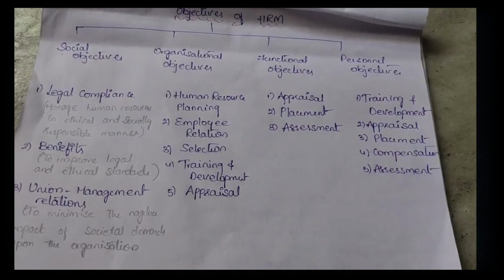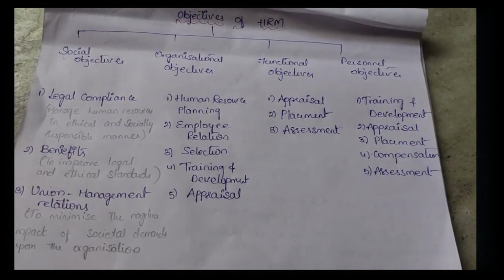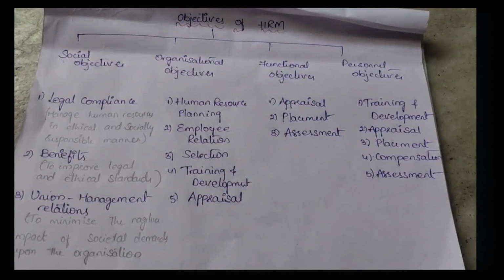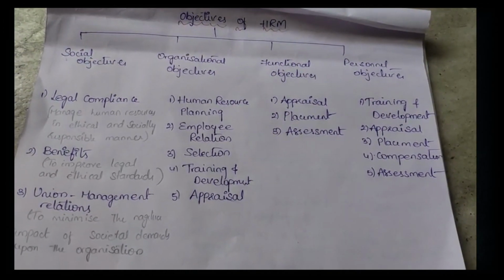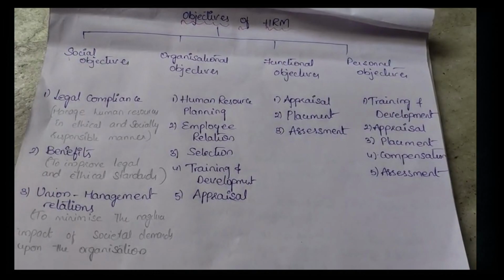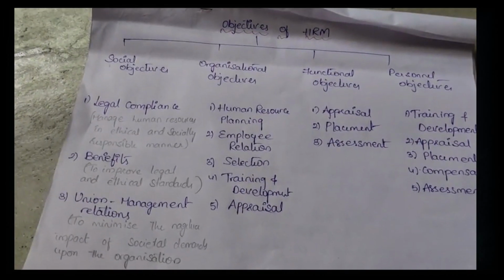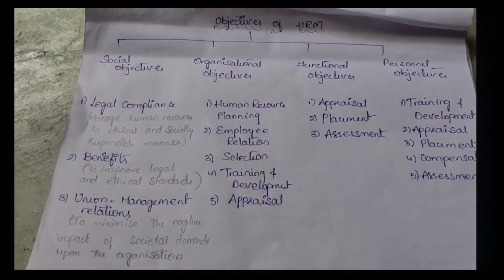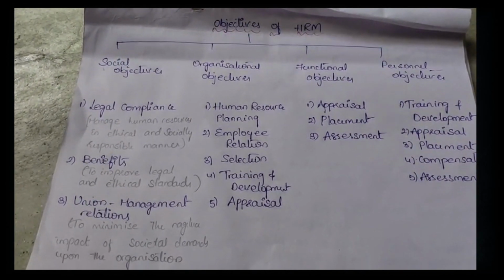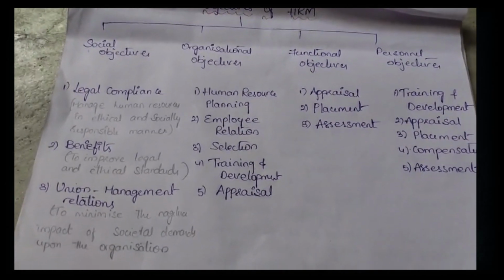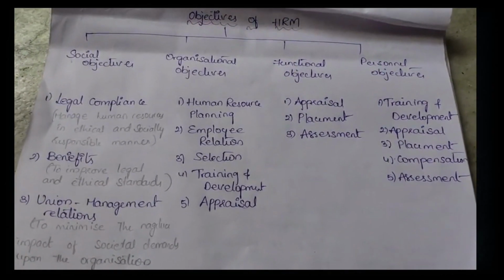So human resource planning: there should be a plan for the HR department, how to manage the people, how to manage the things, and how much work should be allotted to each and every employee, at what time they have to do it, where they have to work and what type of work has to be done by them.